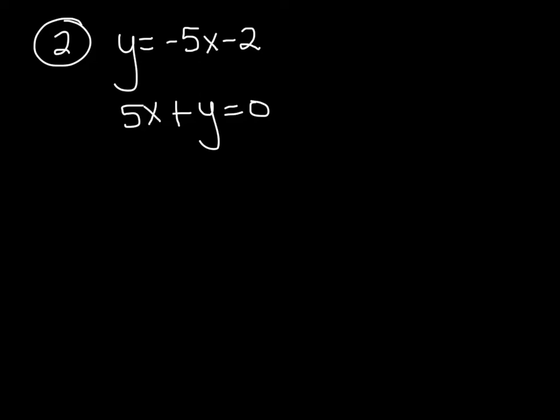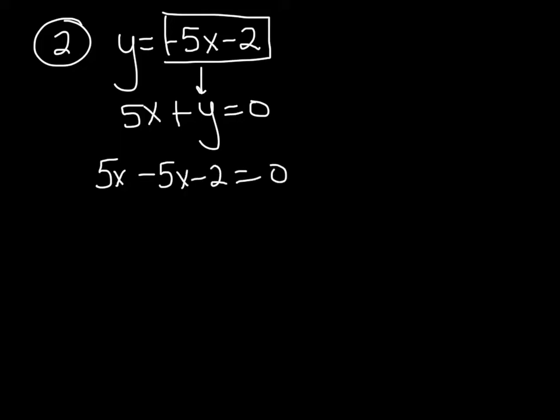So because we have an equation solved for y, I'm going to use substitution. I'm going to take the negative 5x minus 2 and plug it in for y. 5x plus, and then I have negative 5x minus 2 equals 0. 5x minus 5x cancels, so that gives me negative 2 equals 0, which is not true. Therefore, my answer is no solution.